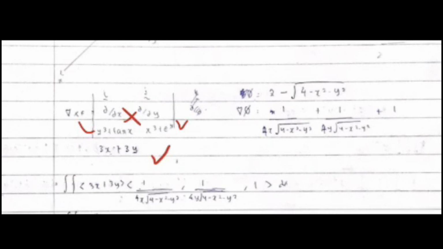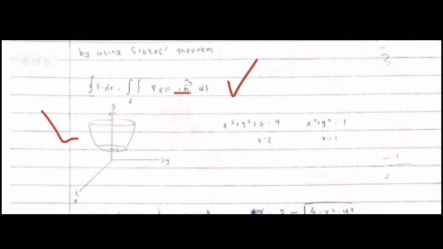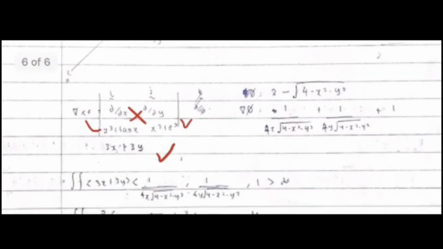For n here, we can find it from the gradient of phi, where we can get the gradient of phi from the equation of the hemisphere, and phi will be z minus square root of 4 minus x squared minus y squared. So we will get the gradient of phi like this.